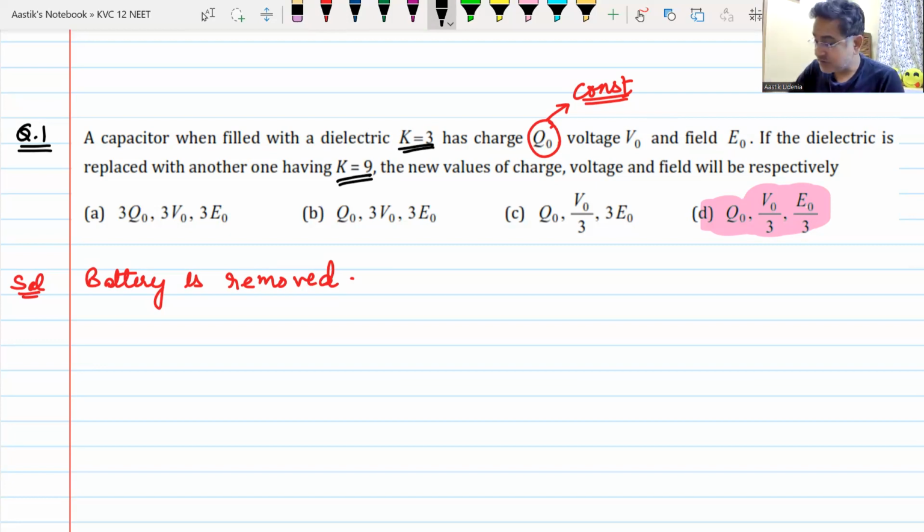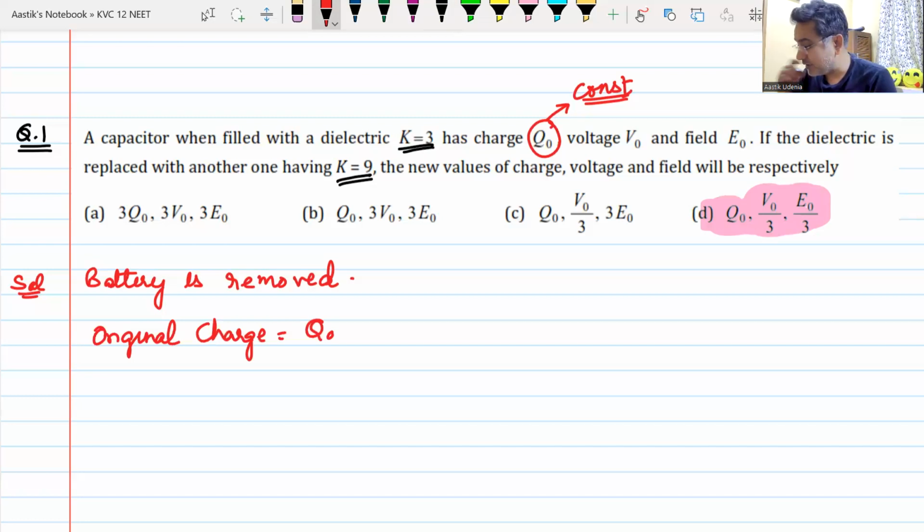If the original charge will remain the same, original charge, what would it be? Q naught. What about the original voltage?